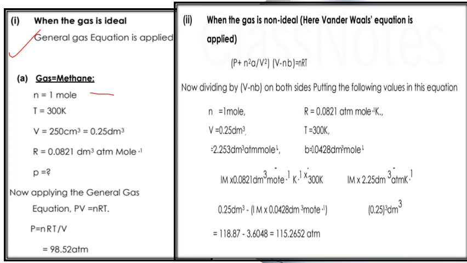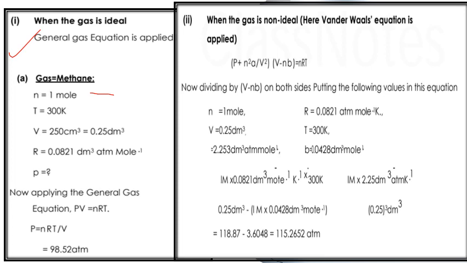Now go for the van der Waals equation, or the equation for the real gases. Here you have the formula. You should know what the equation is. ये आपको properly याद होने चाहिए, ठीक है? Now the values of A and B are mentioned. The other values, that is the volume, number of moles, value of R and temperature, are all mentioned previously. The same you have to use here.